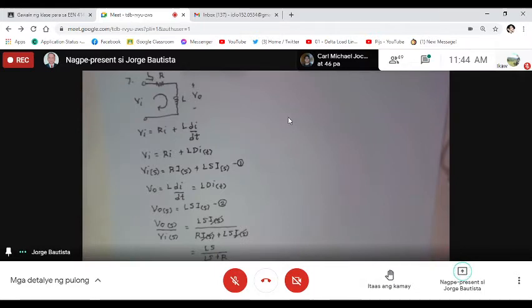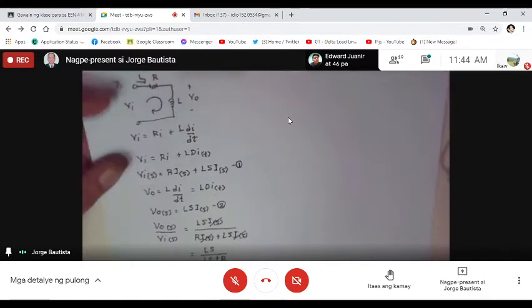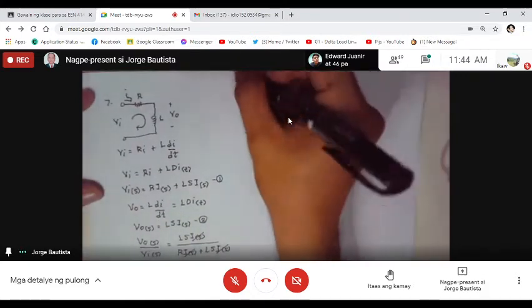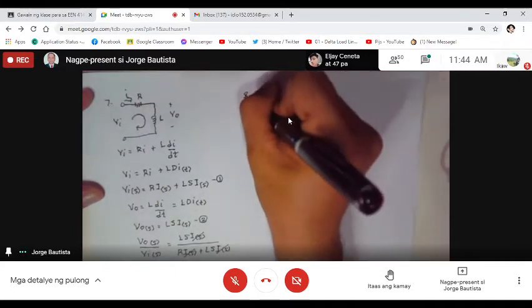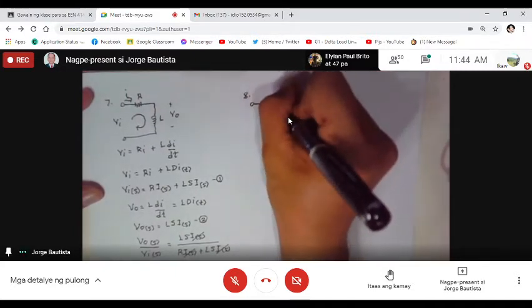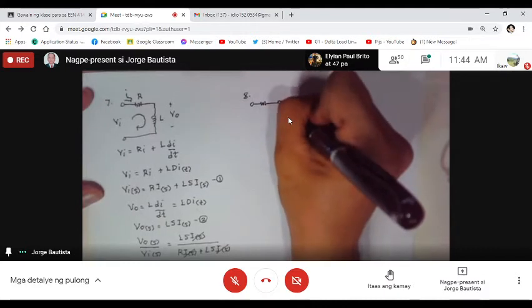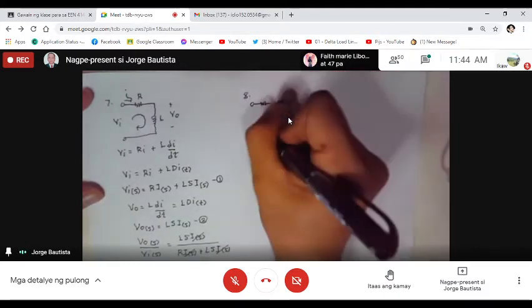Tingnan natin kung ilang number ko pa. Ay, 9. Okay, so dalawa na lang, no? Okay, number 8. Find the transfer function of an electrical circuit. Okay, sulat natin to, number 8. So, RLC. Capacitor niya kinuha yung output.